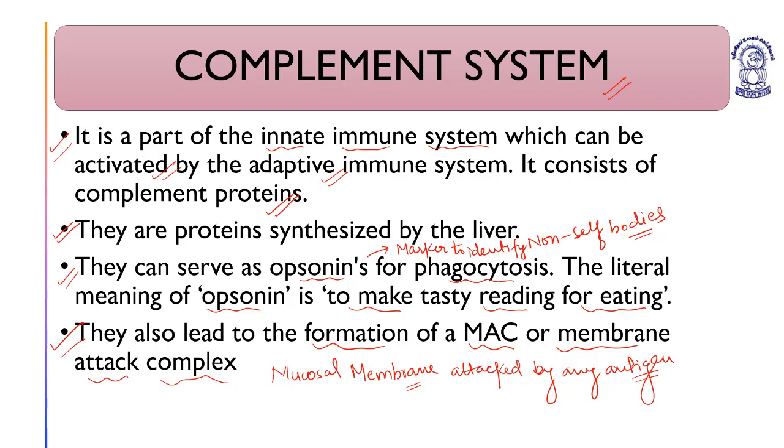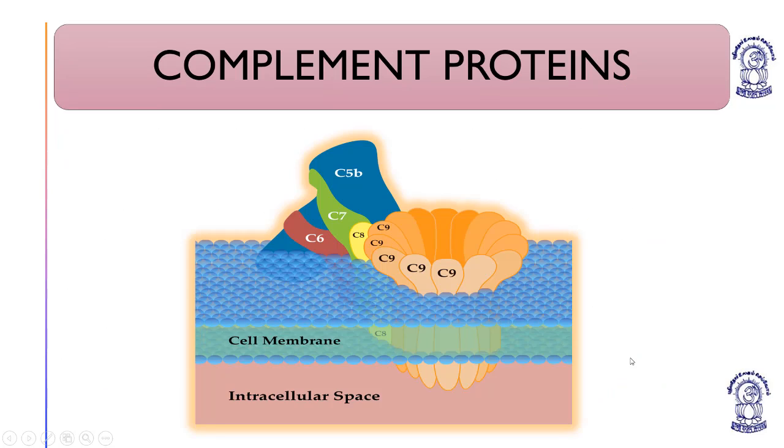And it basically gives a signal to the phagocytic cells like natural killer cells, neutrophils, monocytes, macrophages to come and engulf them. Understood? The complement system is helping the innate immunity to go for phagocytosis, or to differentiate between self and non-self.